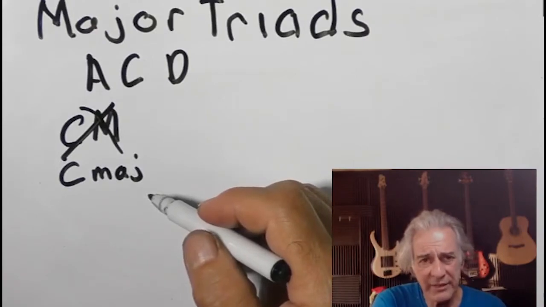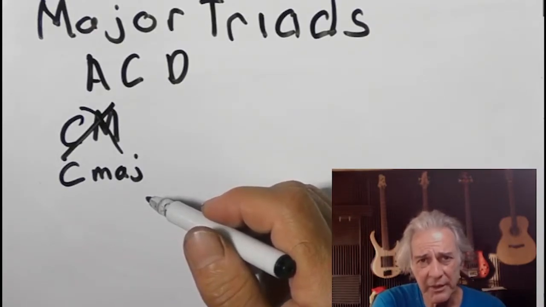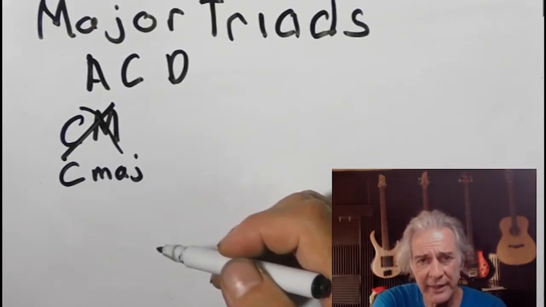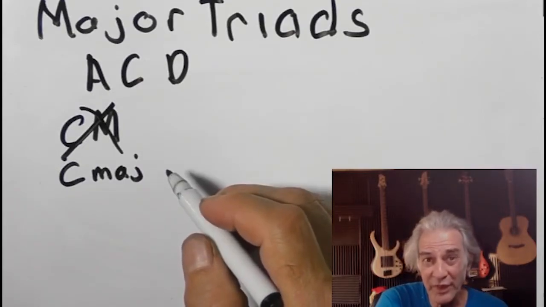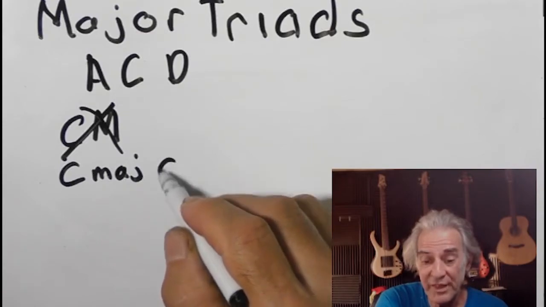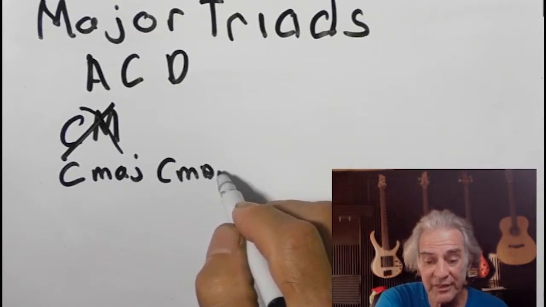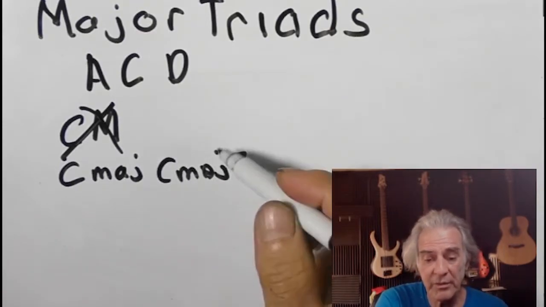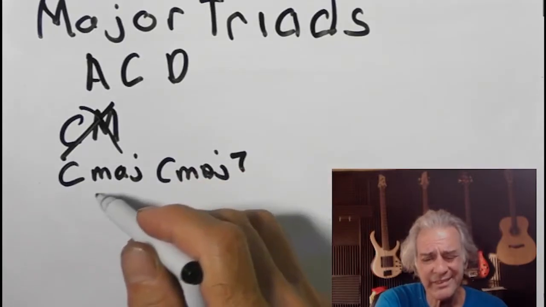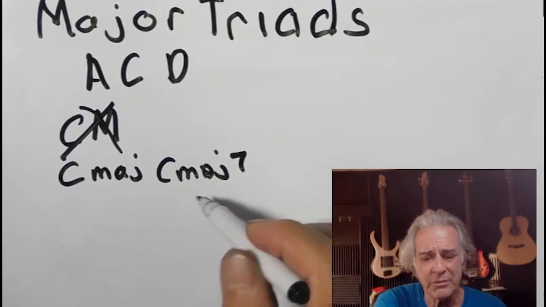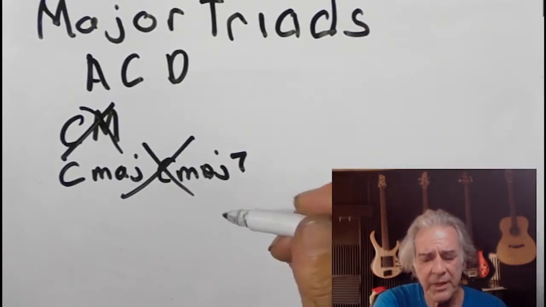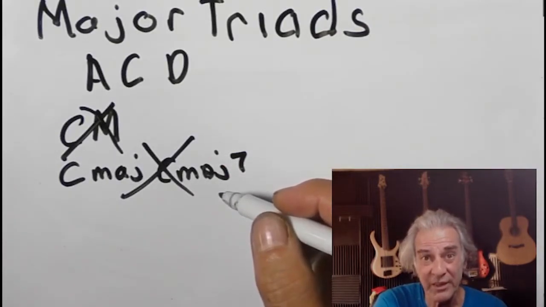Now, that's pretty clear, actually, when you think about it. It's a C triad, and it's major. But it's too close for comfort to being a C major seventh. You have to ask yourself, is it a C major seventh or, well, I don't know. It's too close. So, no, unacceptable.